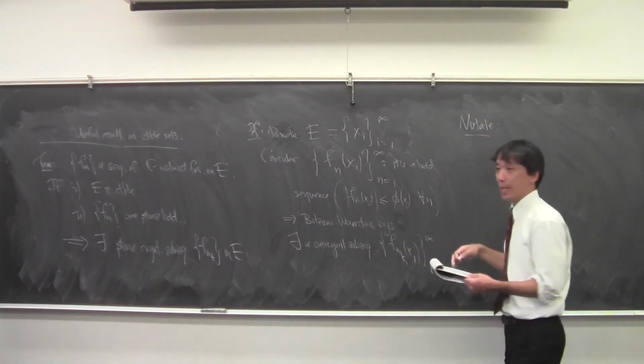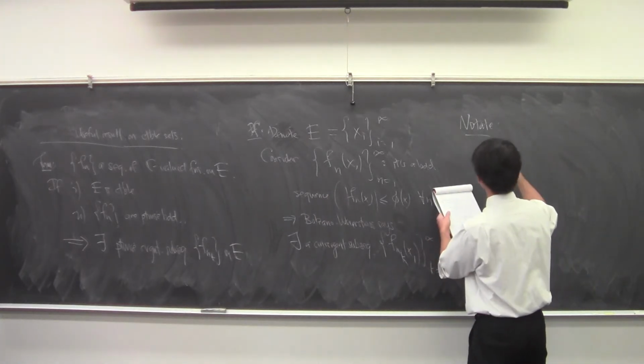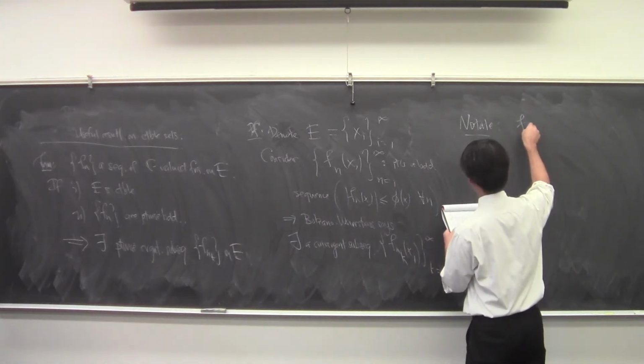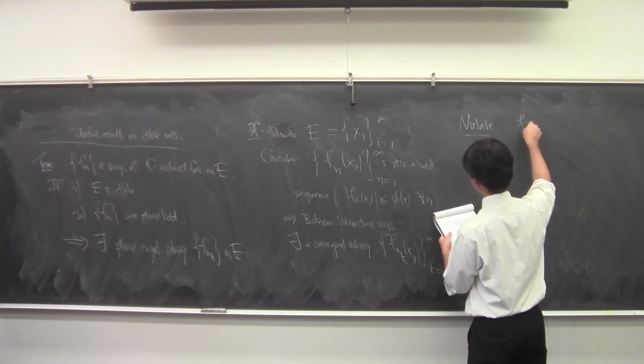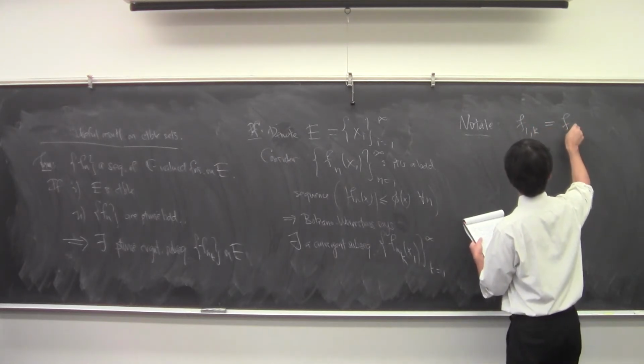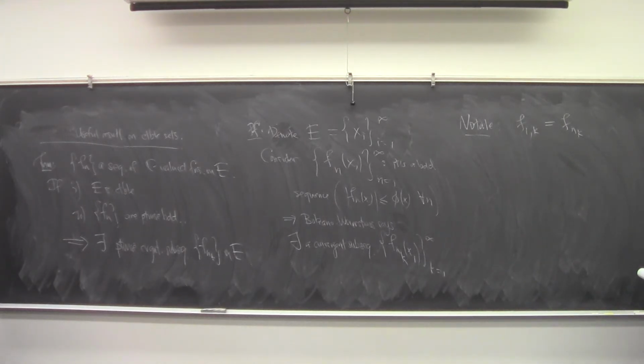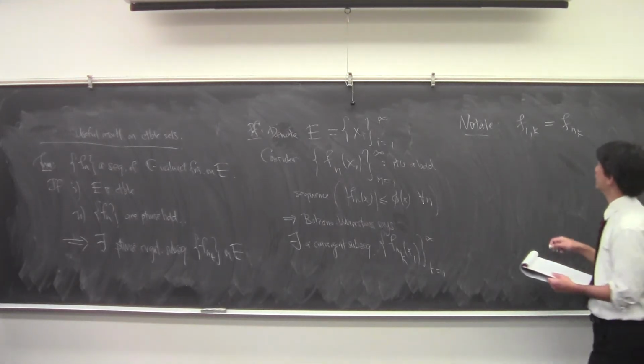Now we're going to step to the next point, and to make it simpler, let's introduce some notation. F1k is going to be F_{n_k}.